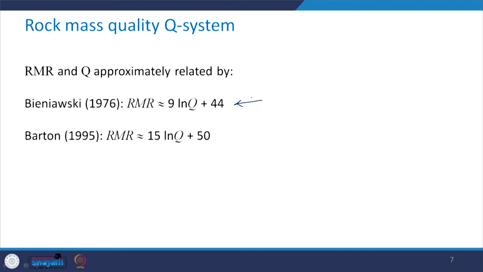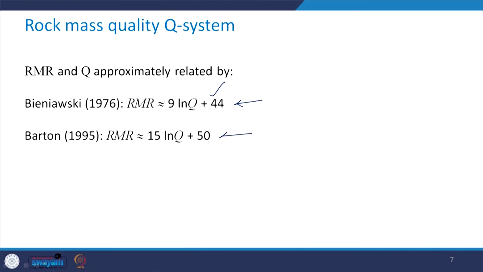It is given as RMR equals 9 ln Q plus 44, and the second expression was given by Barton in 1995, where RMR is approximately equal to 15 ln Q plus 50.